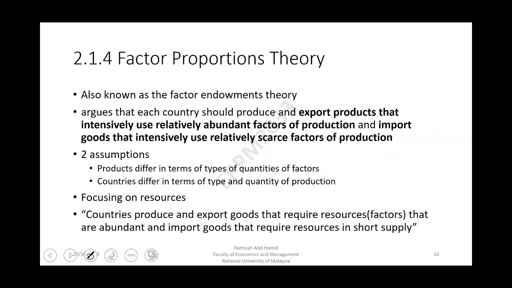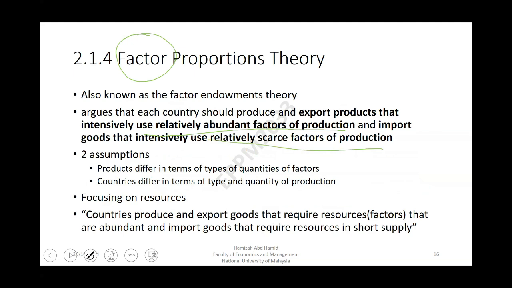The next theory is factor proportions theory. This is also known as factor endowments theory. The keyword here is factor. Whatever is important, whatever is regarded as an asset for that country. So this theory argues that each country should produce and export products that use relatively abundant factors of production, and import goods that intensively use relatively scarce factors of production.